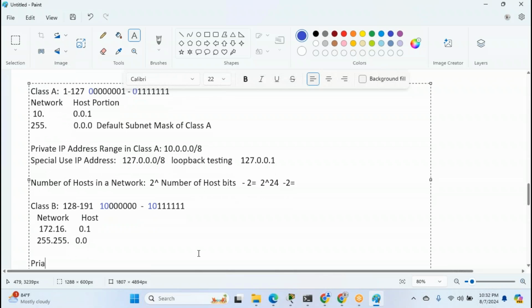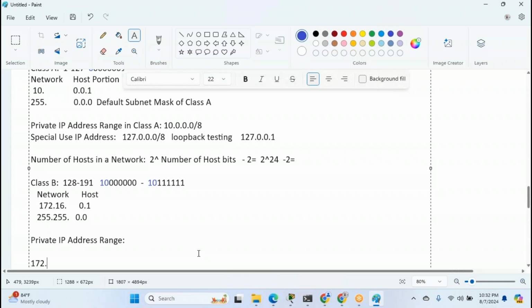In class B, the private IP address range is 172.16.0.0/12. So the subnet mask is 16 bits, but when we want to write down the complete range of private IP addresses, we can write it as 172.16.0.0/12.